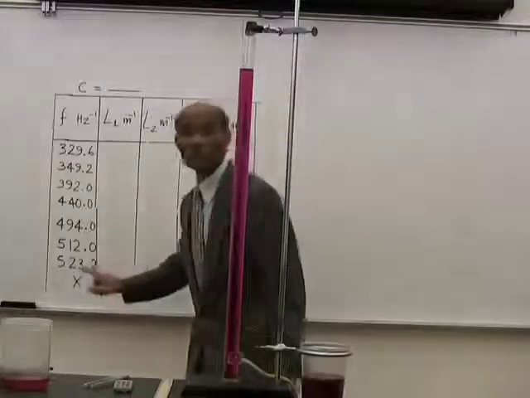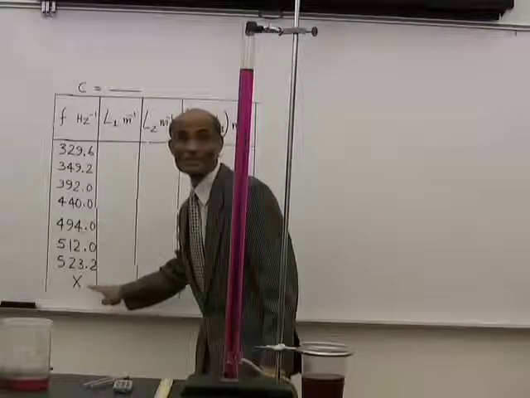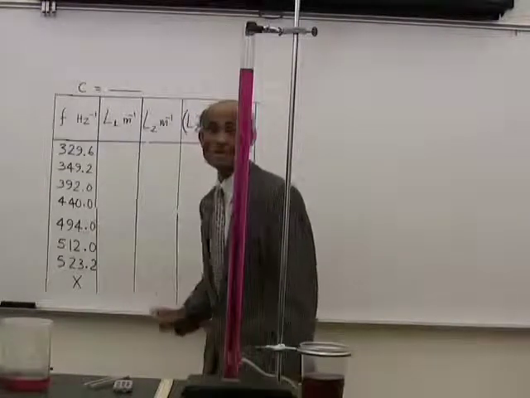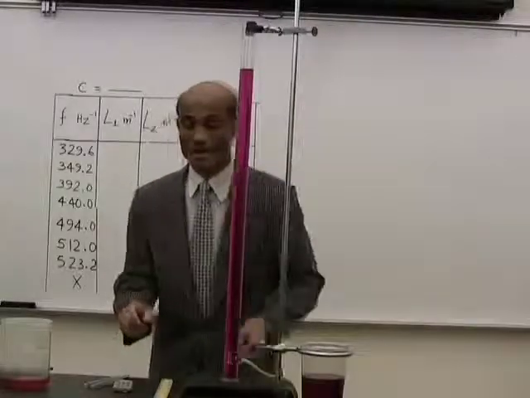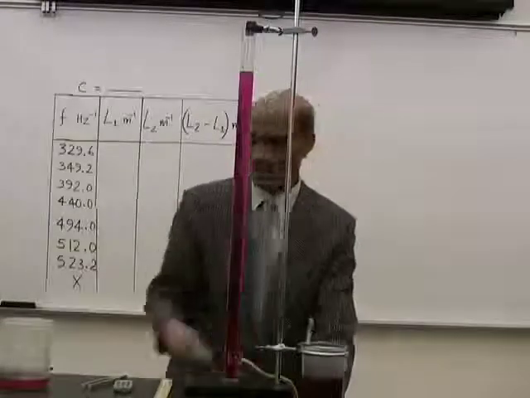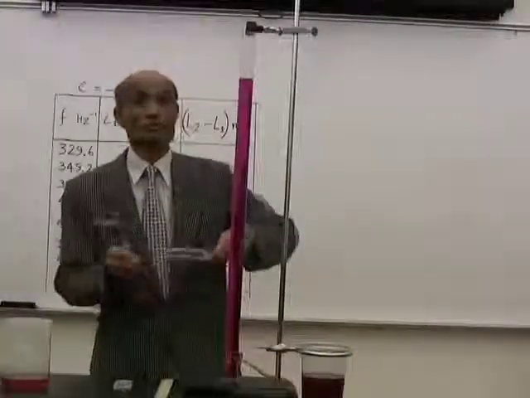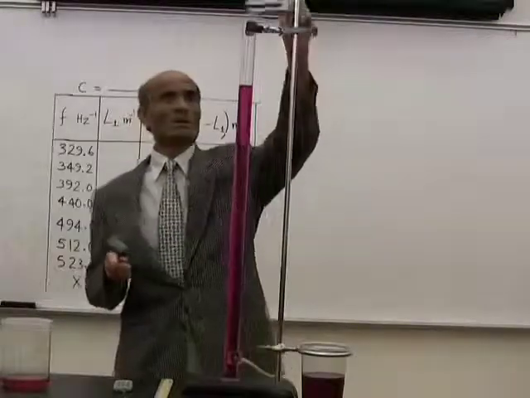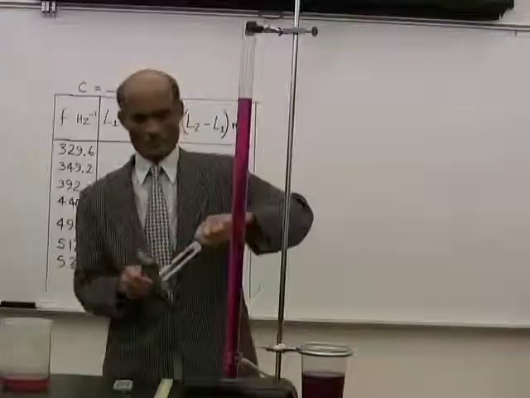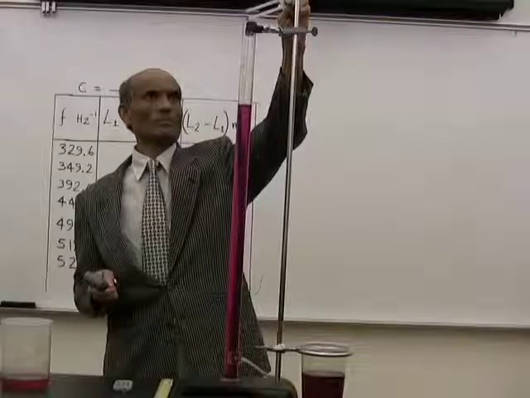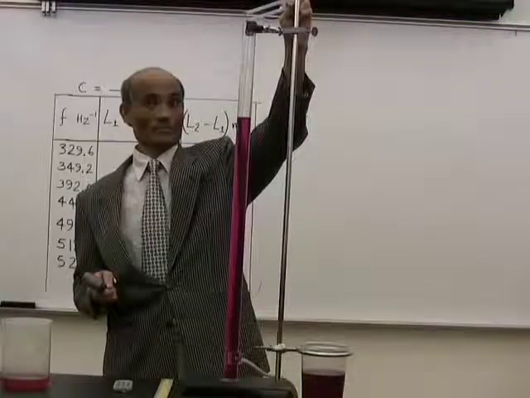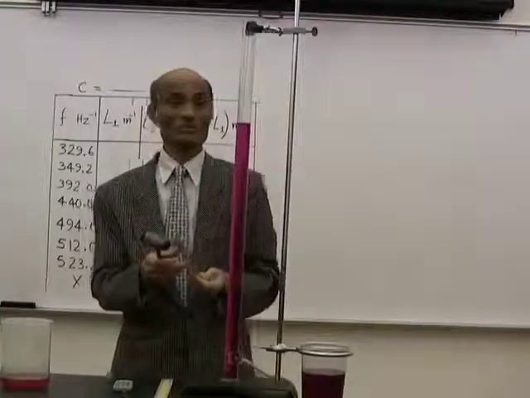I have now the tuning fork of unknown frequency. Measure your length L1 for the first resonance, L2 for the second resonance, and figure out that unknown frequency. Let me run the water first and listen for the first resonance. The first resonance is passed.